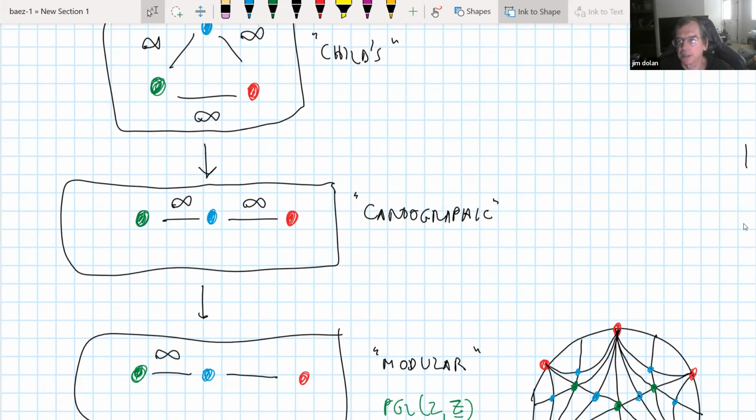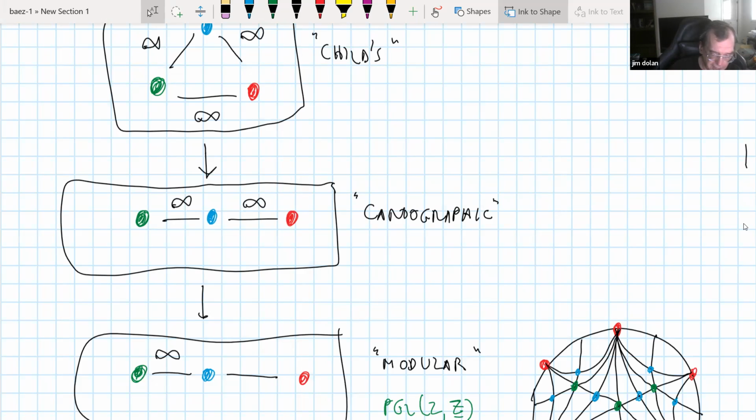I don't know. But yeah. Right, from one point of view, the cartographic thing is just a funny stopping off point in the middle of this process of going from the child's thing to the modular thing. So part of what's going on here is that the whole idea of cartographic stuff is really related to this whole idea of barycentric subdivision, which sort of creates some of the confusion between the different ways of relating the child stuff to the modular stuff.